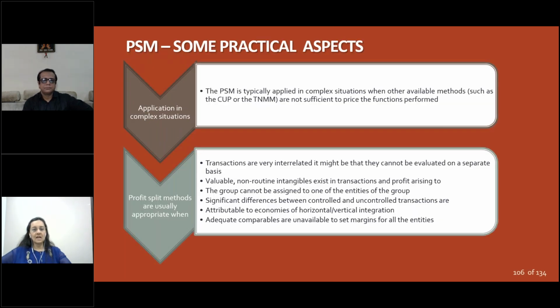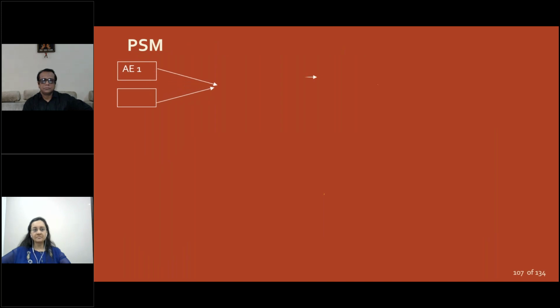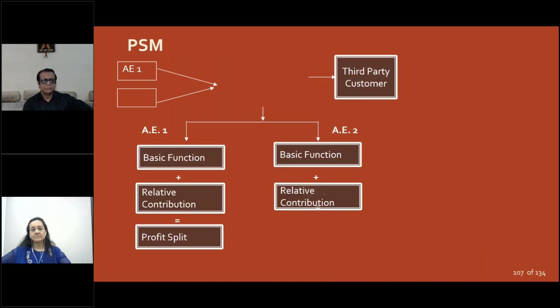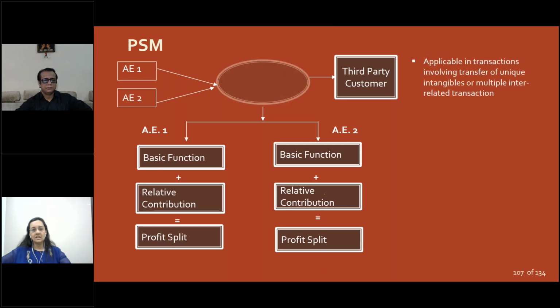So I've explained this already and I have given an example. This is what the bird's eye view looks like: AE1 and AE2 have contributed to earn a combined profit from a third-party customer.